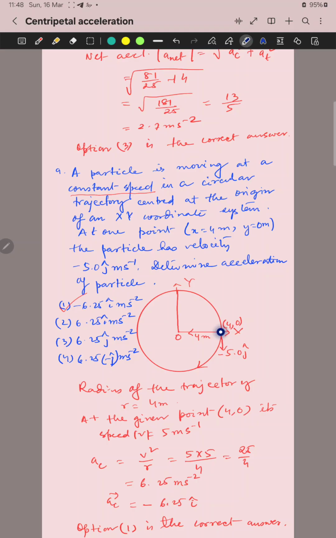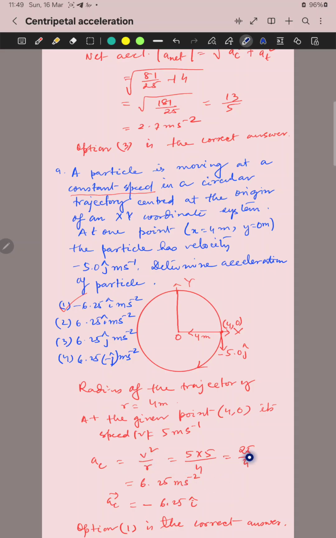A point is given whose coordinates are 4 meter and 0 meter, and at that point the particle's velocity is minus 5 j cap meter per second. So for the minus sign we draw the tangent towards the negative direction of y-axis.